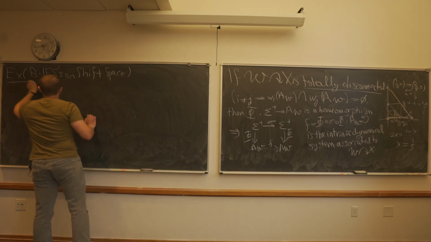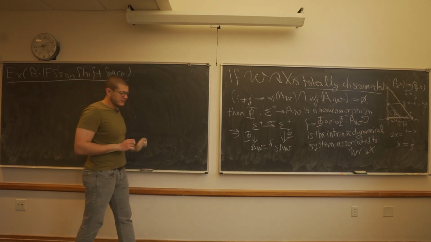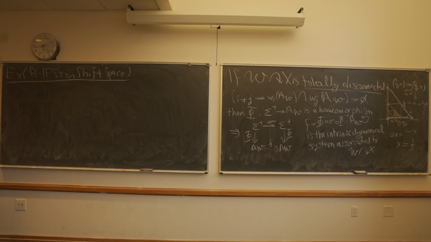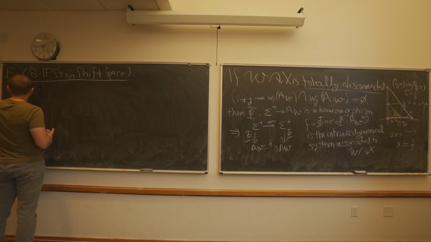After all, I started with an arbitrary IFS on a complete metric space X. There's nothing that's stopping me from choosing that metric space to be a shift space to begin with. Okay? So let's say that X is the shift space.